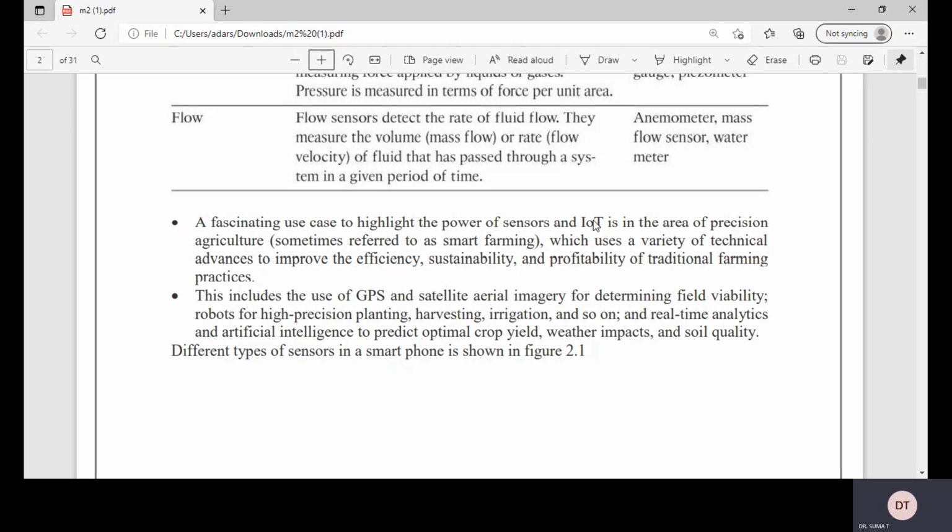So next is the acoustic sensor type. Acoustic sensors measure sound levels and convert that information into digital or analog data signals. Examples are microphone, geophone and hydrophone. Another sensor type is humidity.